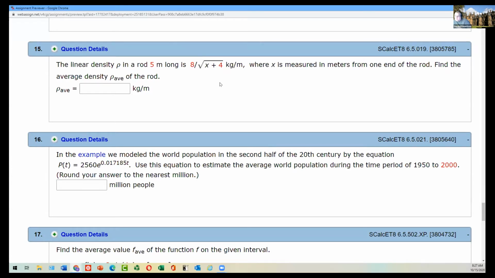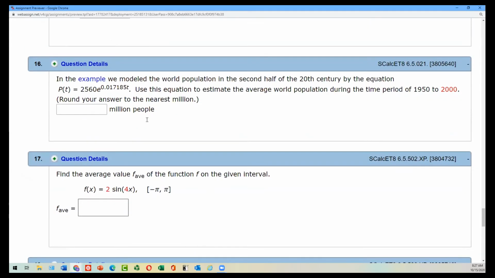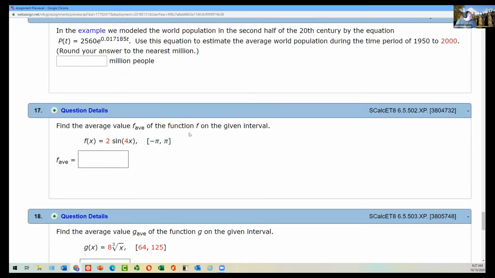Imagine the integral, 8 on the top, the square root of x plus 4 on the bottom. What methods are you going to use to find that antiderivative? U sub. And the u sub is going to be x plus 4, and off you go, and it works. And there's a pretty standard function.